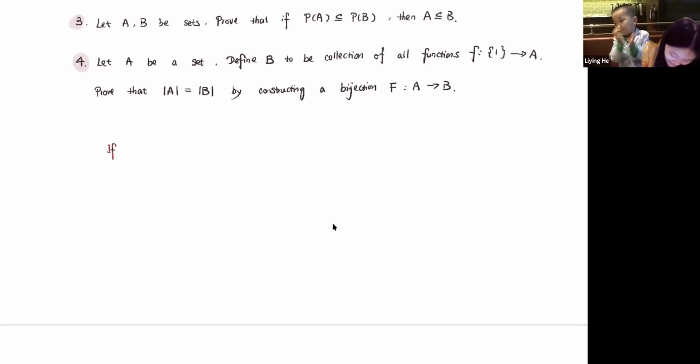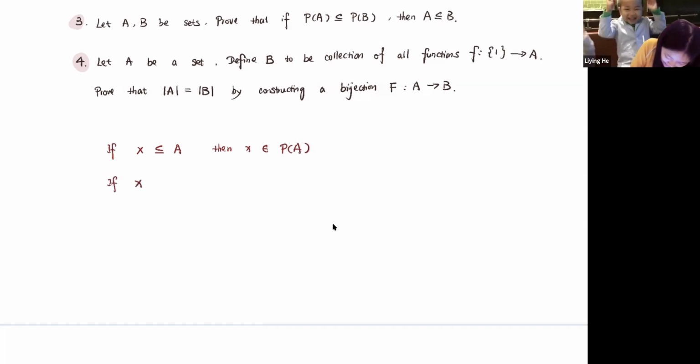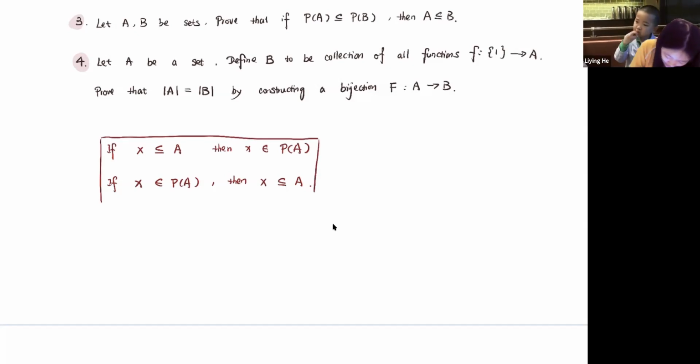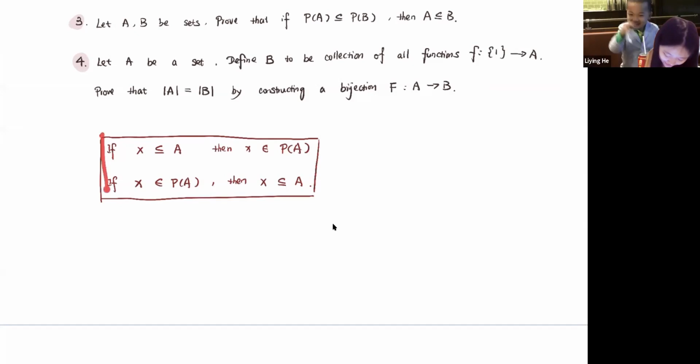If X is a subset of A, then X is an element of the power set of A. And if X is an element of the power set of A, then X is a subset of A. Those two statements are based on the definition of power sets, but if you know this, you can basically do any question they give you. For example, question 3 here.